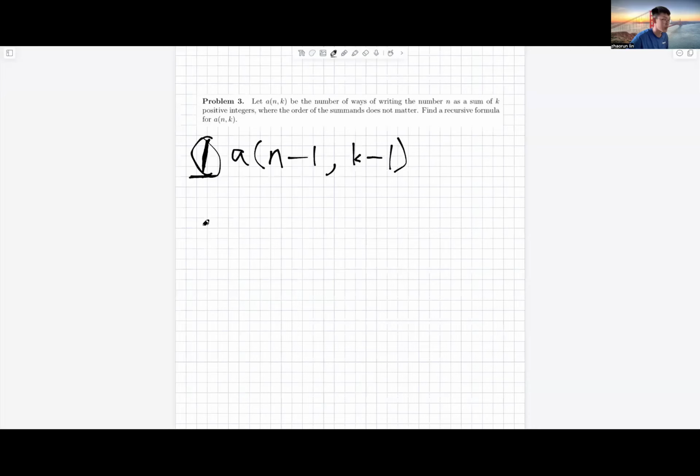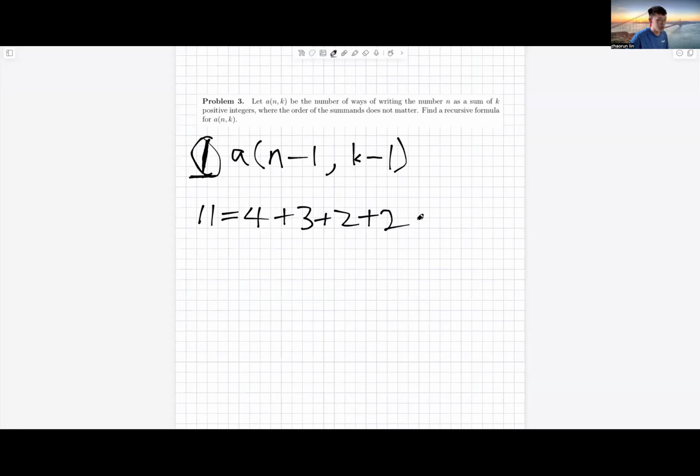And then for the other scenario, the smallest summand is not 1. So it is another number. Let me give an example. 11 is 3 plus 2 plus 2 plus 2 plus 2.